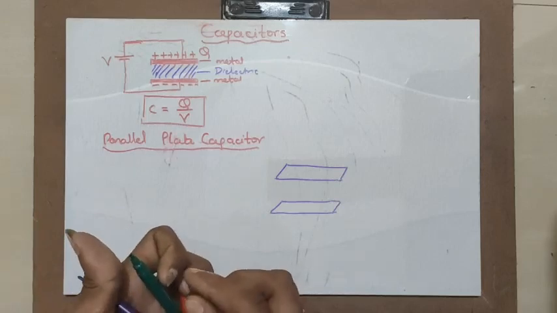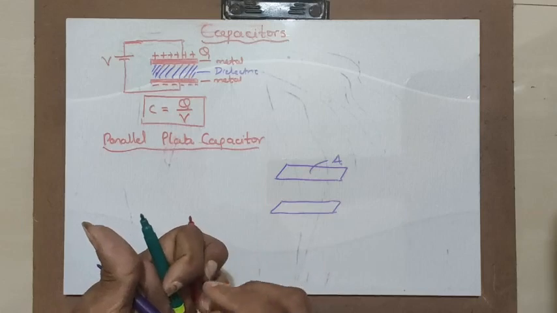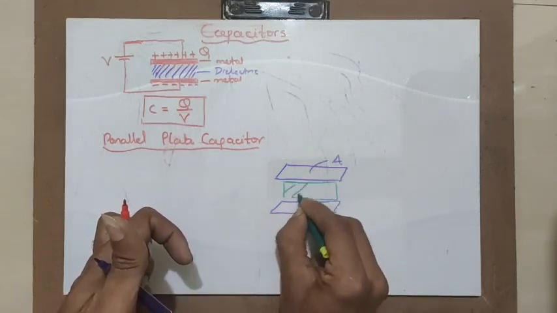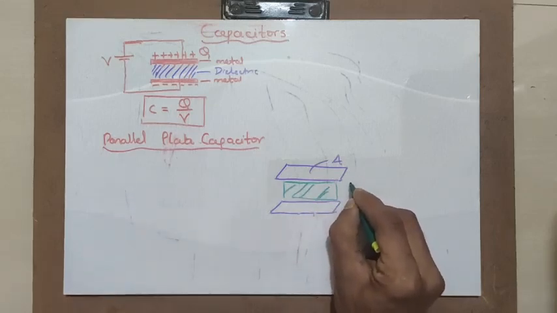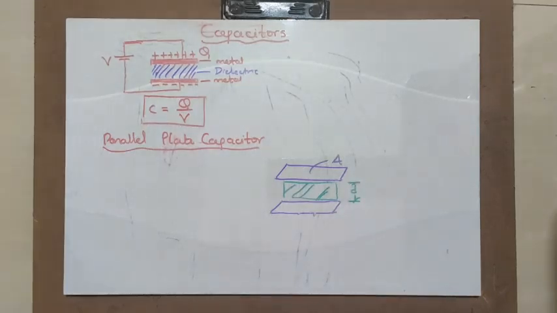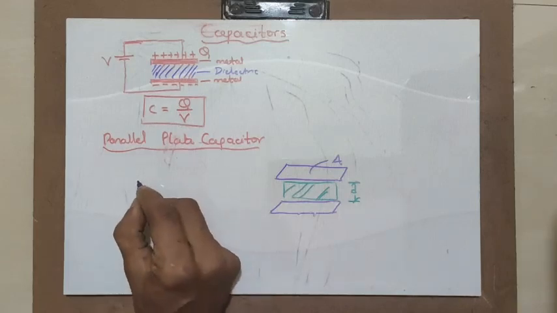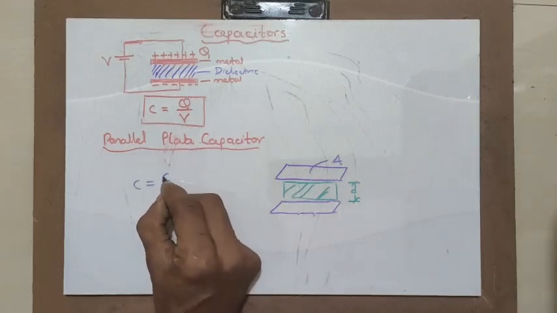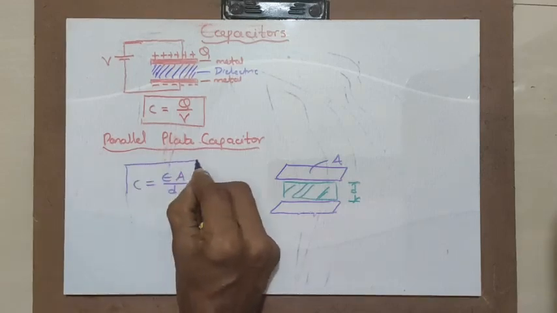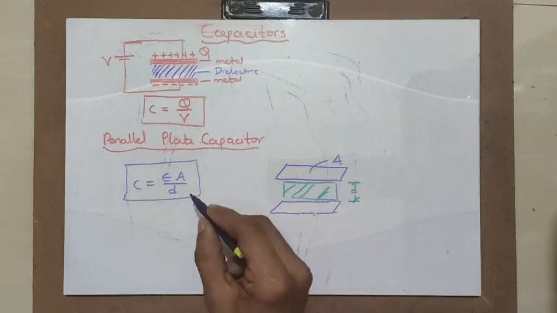Okay, say this is of area A, and then in between obviously a dielectric material is stuffed. This dielectric material thickness will be D. Now the capacitance of this parallel plate capacitor is given by C is equal to epsilon A by D. Please remember this formula, very important. Okay, the capacitance of a parallel plate capacitor is given by epsilon A by D.